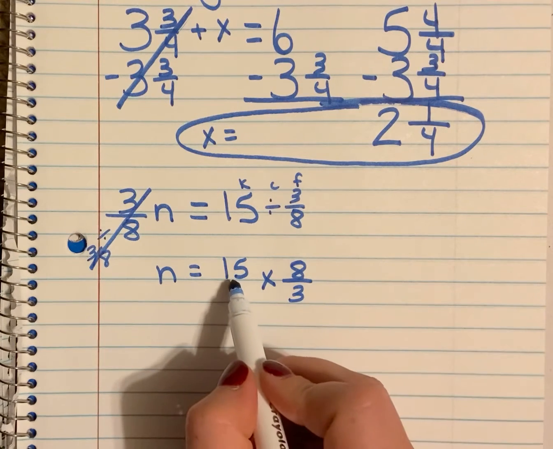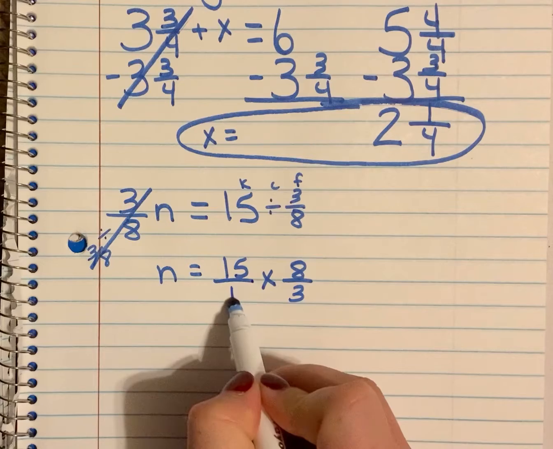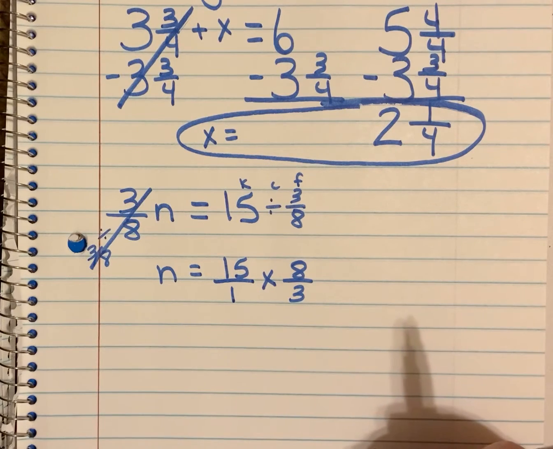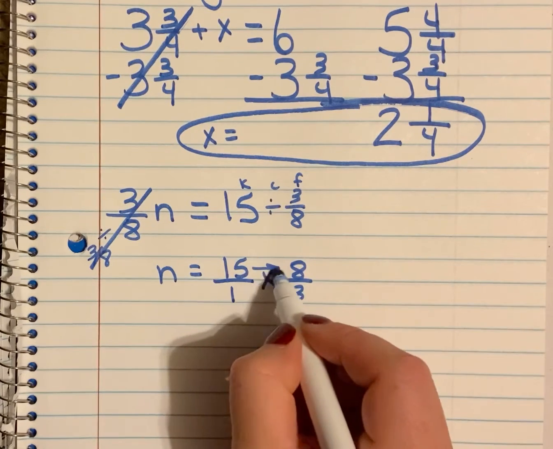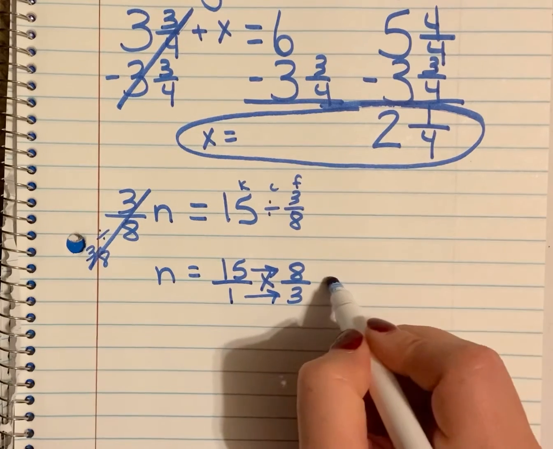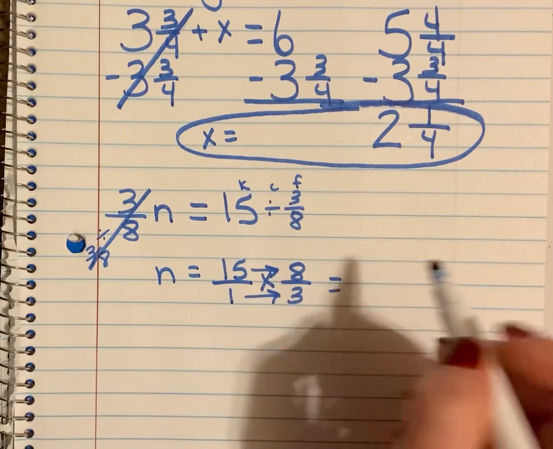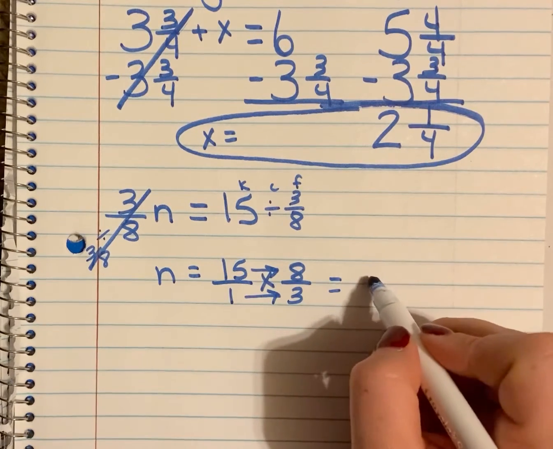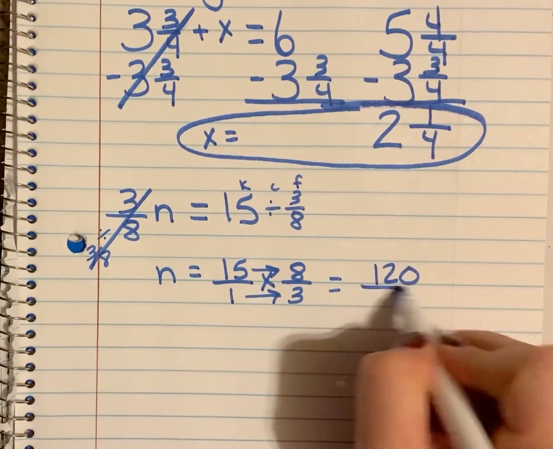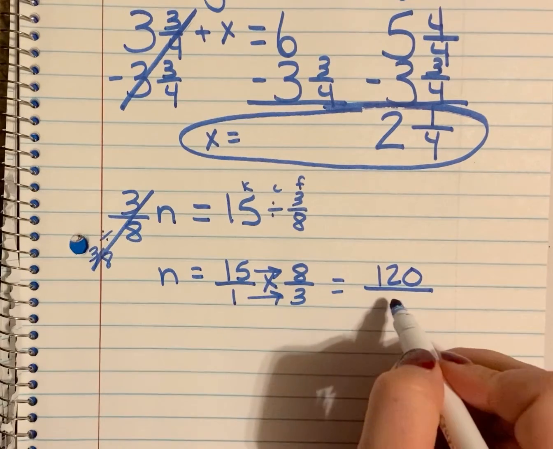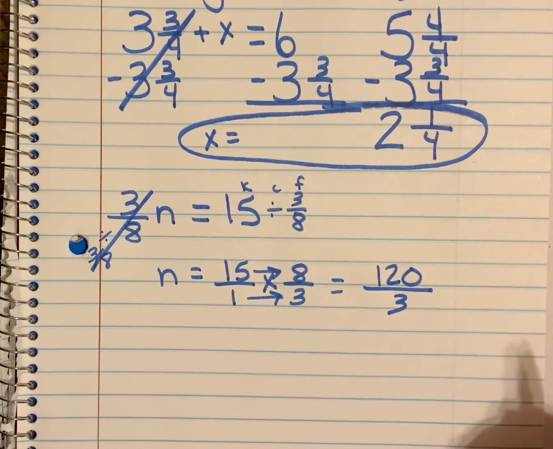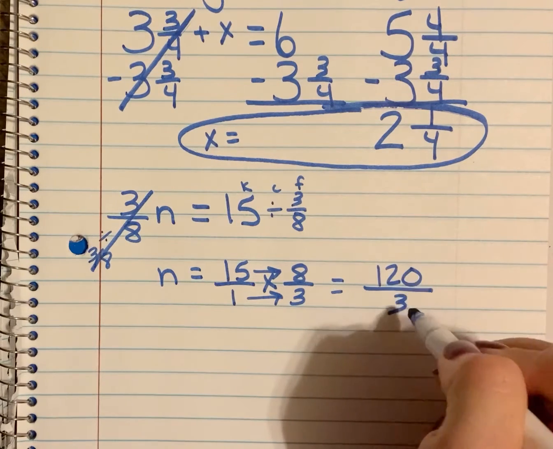How do I make a whole number a fraction? I put it over 1. Now I can multiply straight across. 15 times 8, 120. 1 times 3 is 3. We never keep fractions improper.